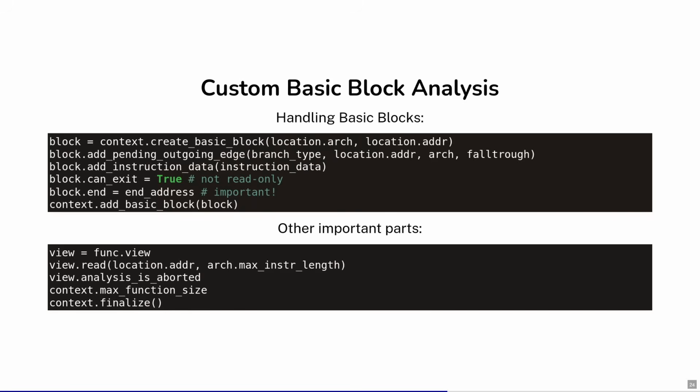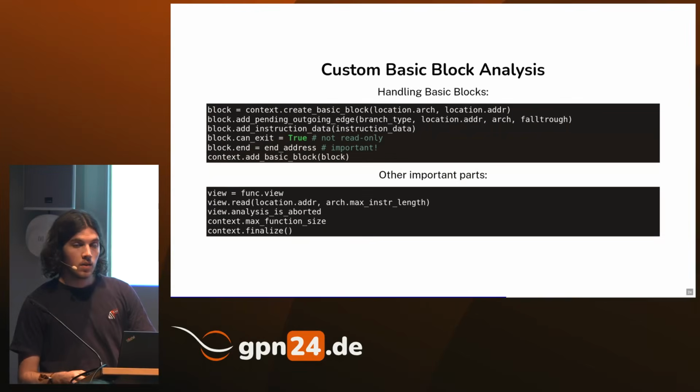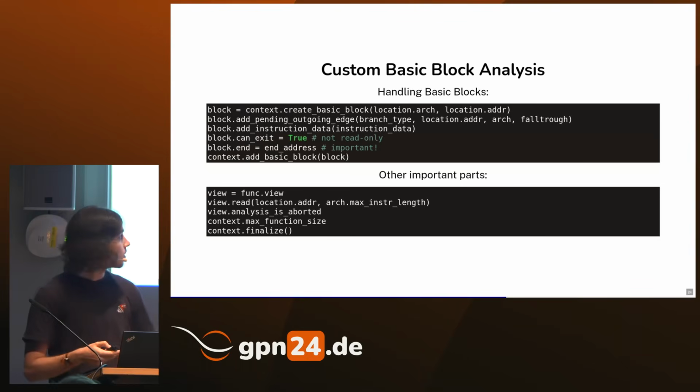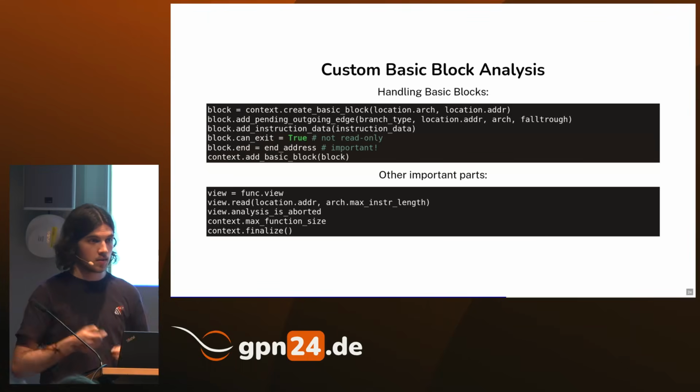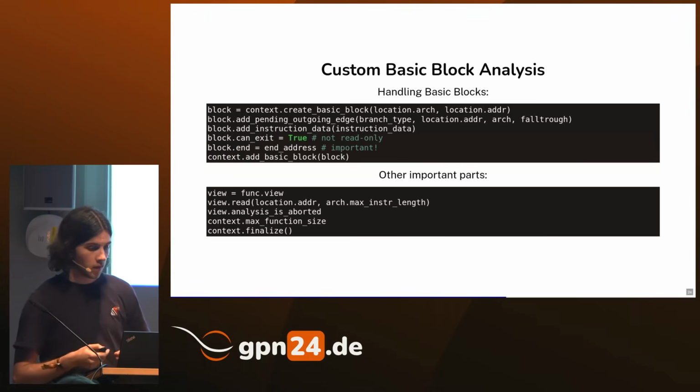Then we also need to provide some additional information for each basic block. For example, this can exit attribute encodes that this basic block has edges that leave this block again. So if we have some exit or halting instruction, then we would set that to false.